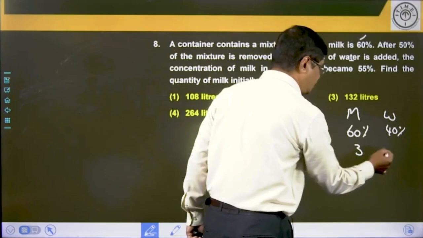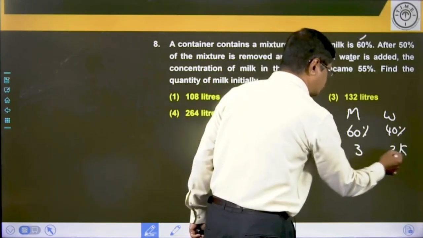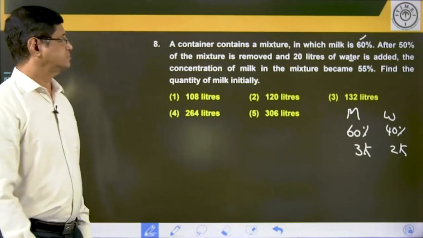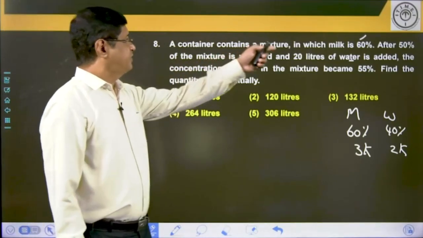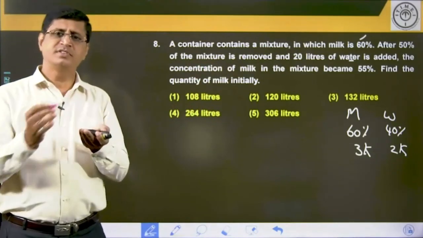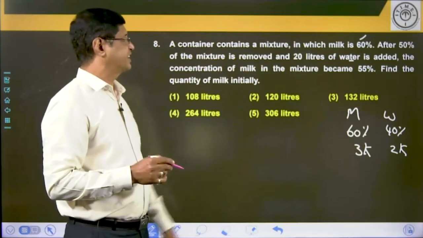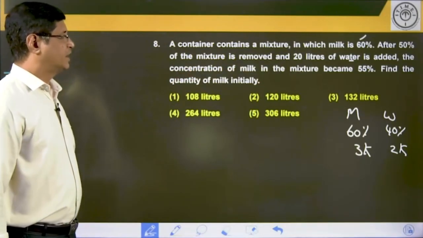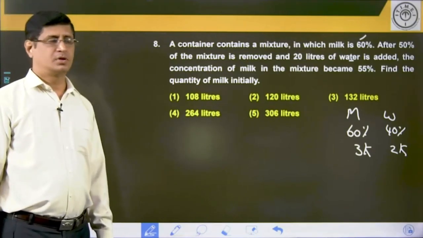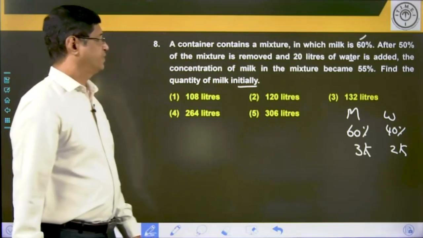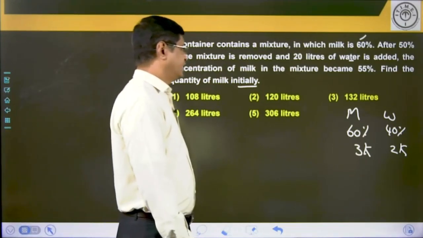What is the ratio? 3:2. 3:2 means 3K and 2K are the quantities. Now, after 50% of the mixture is taken out, 20 liters of water is added, the concentration of milk in the mixture becomes 55%. Find the quantity of milk initially.